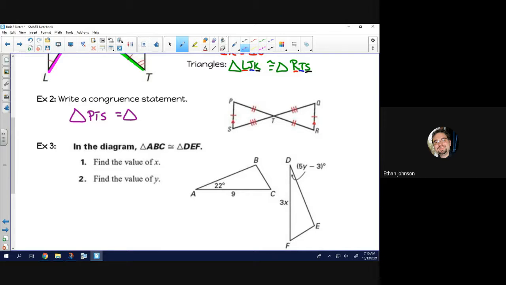Since we said P to T to S, going to the double to the triple, we're going to need Q, T, R. RTQ. Now, what does this mean? It means that every single angle in one triangle corresponds to and matches up with the exact value in the other triangle. Same thing with the sides.